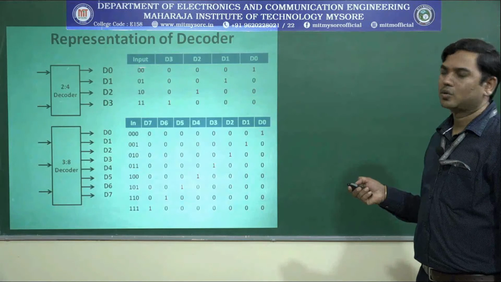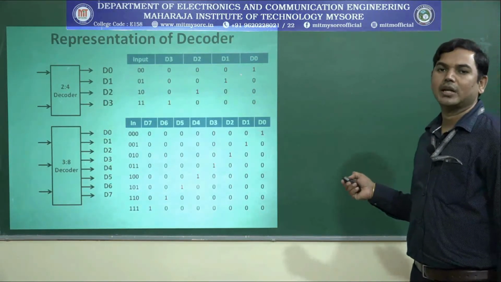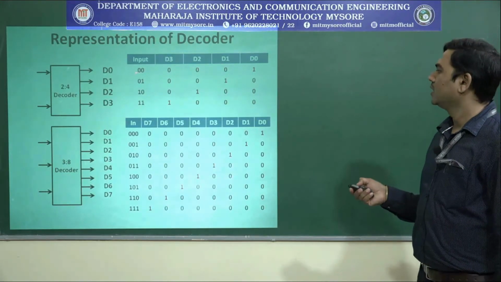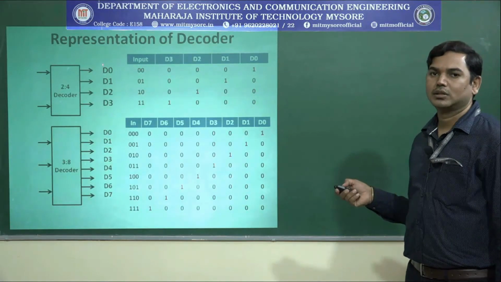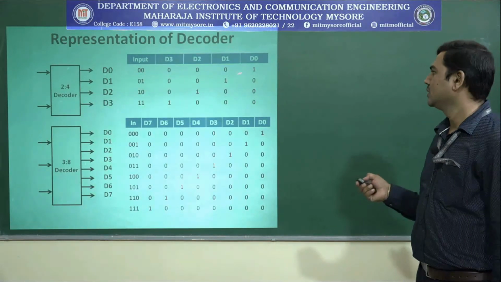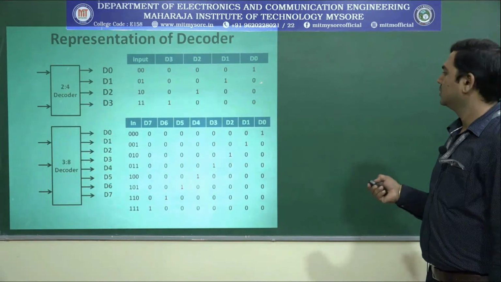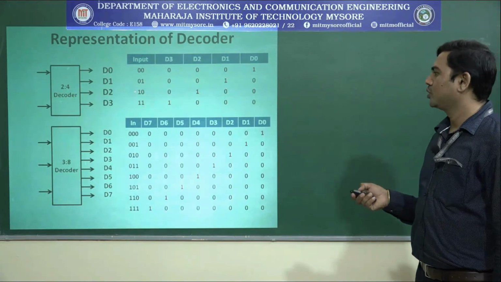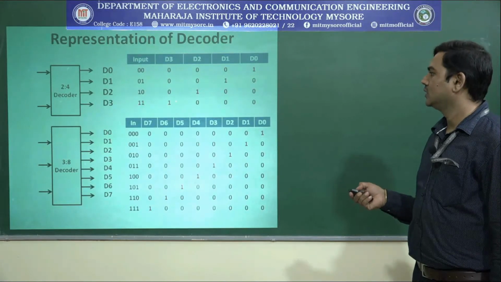We have studied how to represent this function in minterm notation in the previous semesters. So, D0 goes high only if the minterm M0 is present. When M1 is present, D1 will become high; M2, D2; M3, D3.